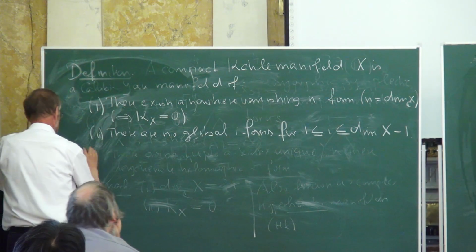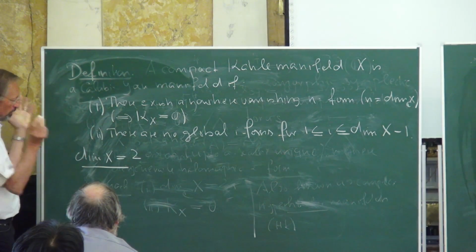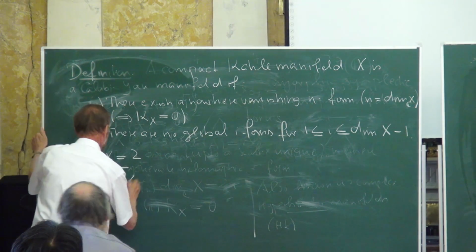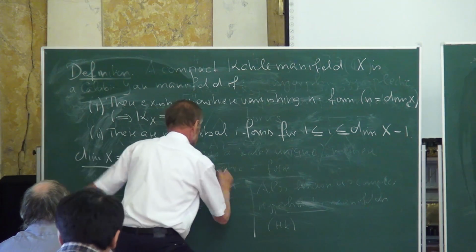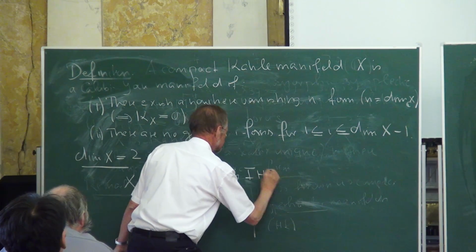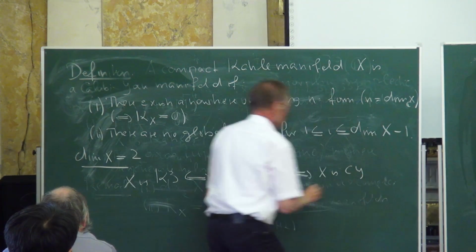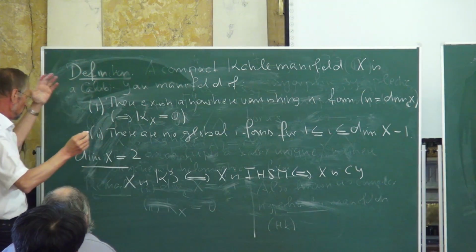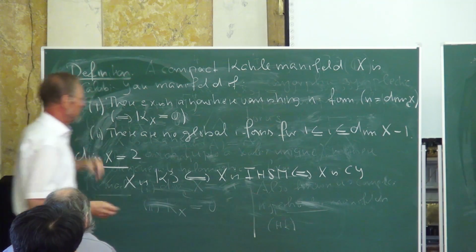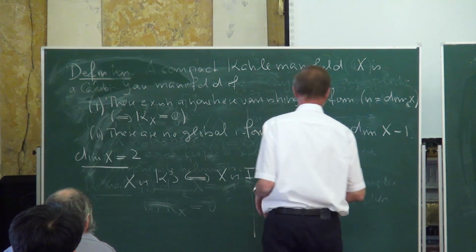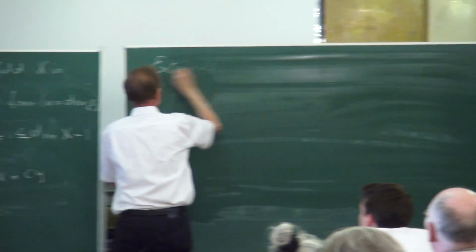Now if the dimension of X is 2, then all of these things come together. So X is K3 if and only if X is IHSM, if and only if X is Calabi-Yau. But then they diverge. Irreducible holomorphic symplectic I cannot have for odd dimension. I can have Calabi-Yau in dimension 3, so I should have said that.